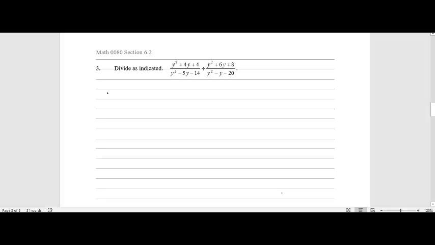Now with the division, I'm always going to change that to a multiplication.